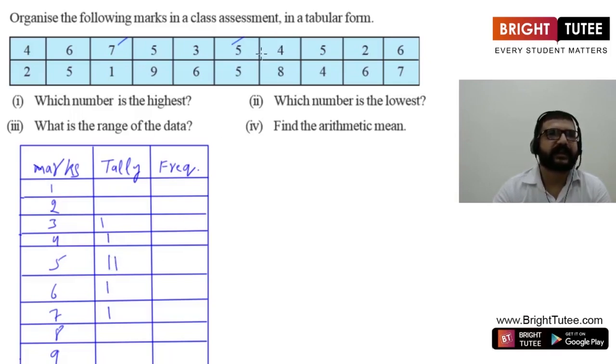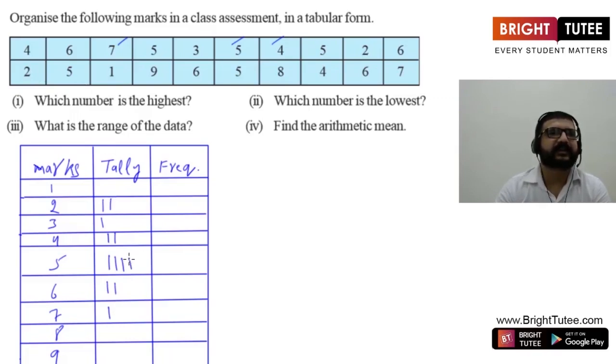Now after 5 we have 4. In front of 4 again one line, and then 5, again one line in front of 5, and then we have 2. We will mark one line in front of 2, and then we have 6. In front of 6 we will mark one more line, and then we have 2. In front of 2 one line, and then we have 5.